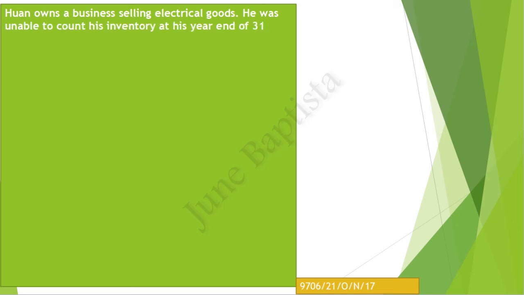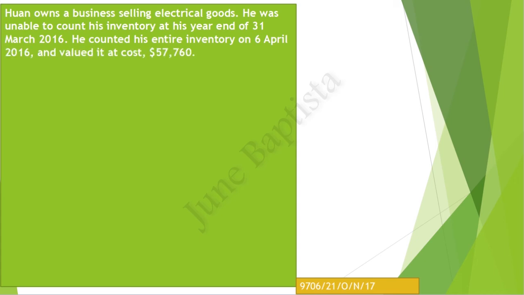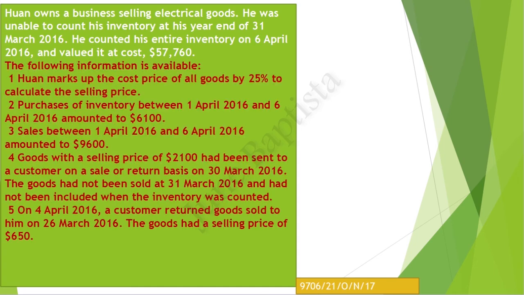This is a question adapted from a past paper. Juan owns a business selling electrical goods. He was unable to count his inventory at his year-end of 31st March 2016. He counted his entire inventory on the 6th of April 2016 and valued it at a cost of $57,760.